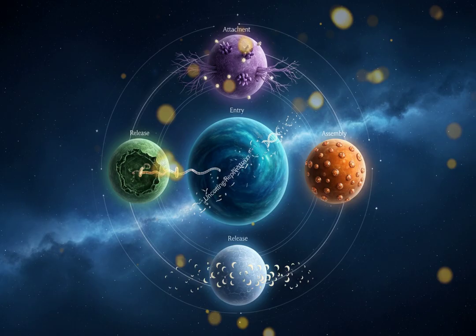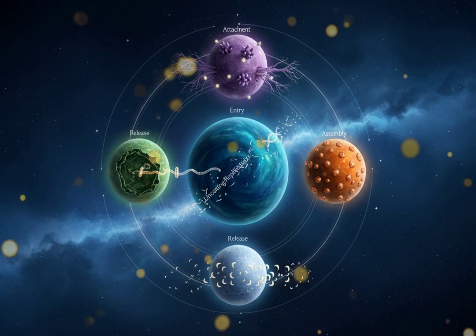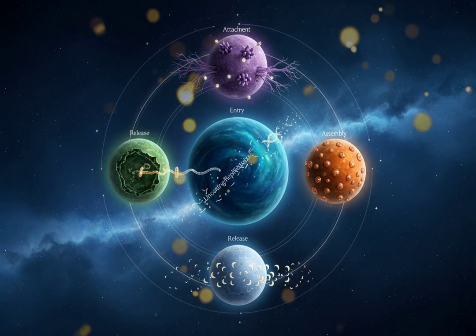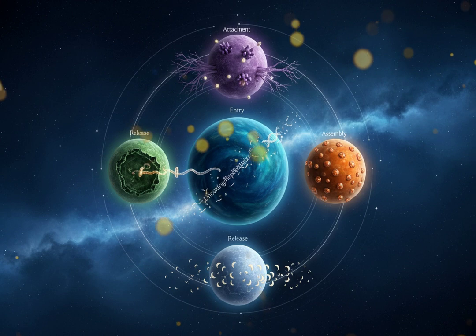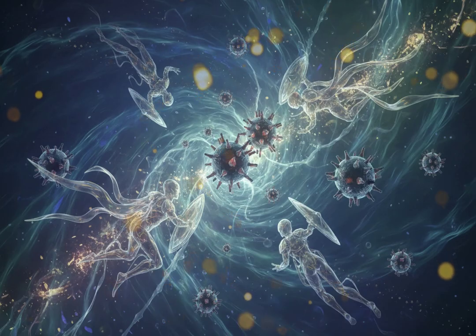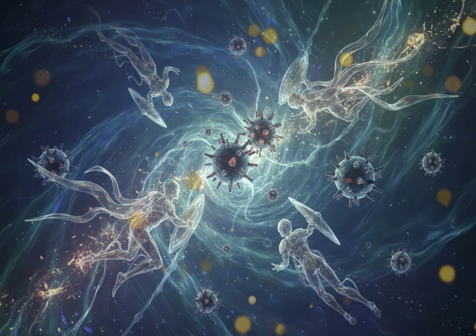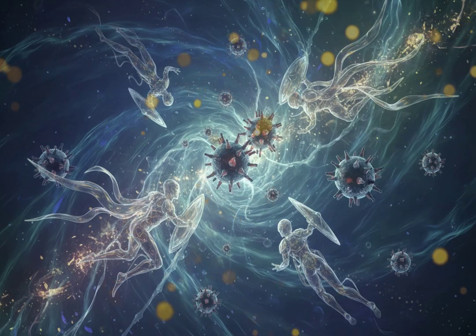Some viruses, like the cytomegalovirus, develop intricate mechanisms to inhibit the presentation of viral antigens on the surface of infected cells, effectively hiding from the immune system. Others, such as influenza, undergo rapid mutations, resulting in new viral strains that can evade previously established immunity.